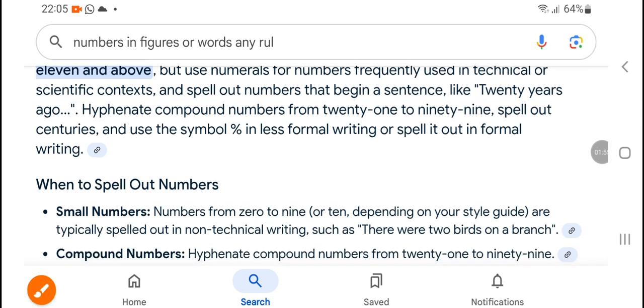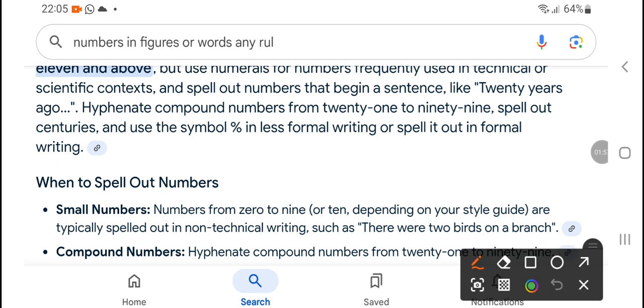And spell out numbers that begin a sentence. Very important rule: if a sentence starts with a number, it should be spelled out, right?